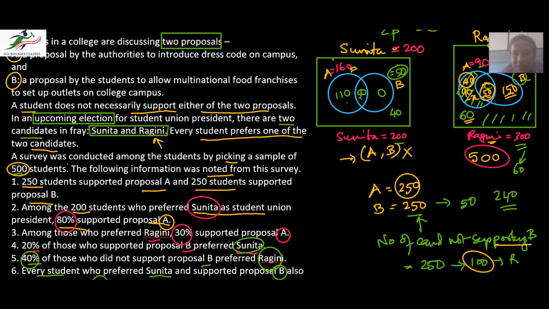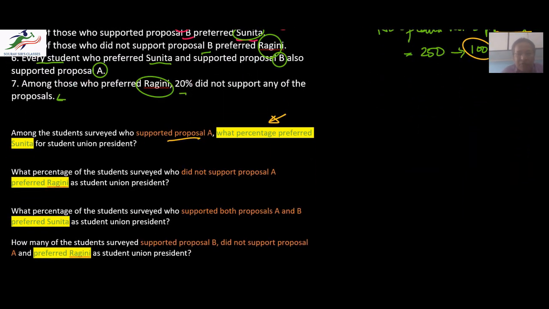So the answer to this question would be 160 by 250 into 100, because the percentage is required. So 160 by 250 into 100, that is 64%.